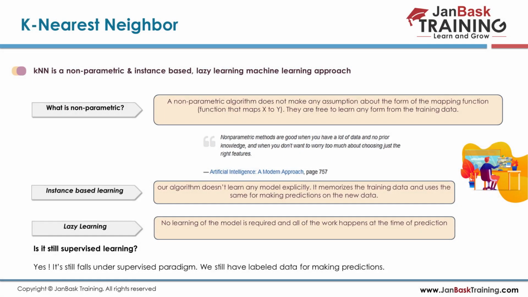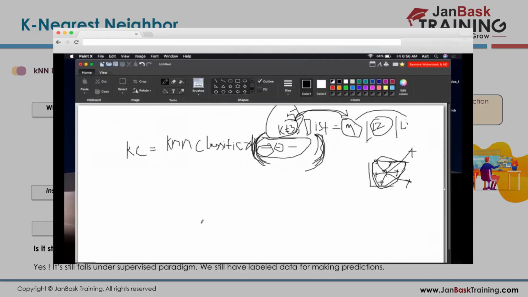Is it still supervised learning? Yes, it falls under supervised learning algorithms. What is supervised learning? If you remember, I told you supervised learning means you are given the x1, x2, x3 values, and depending on those x values, the y value is also given.